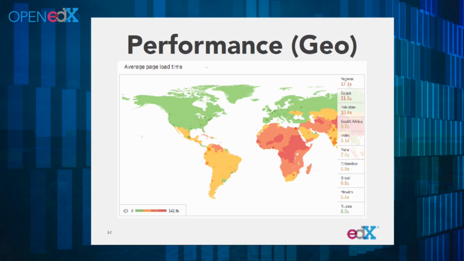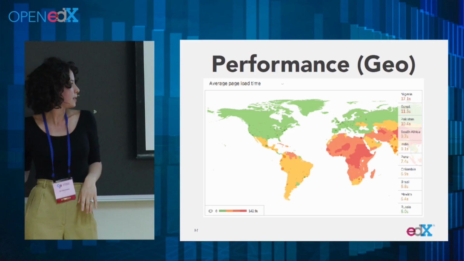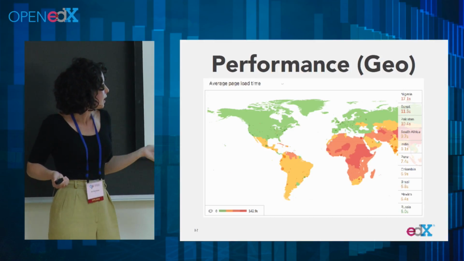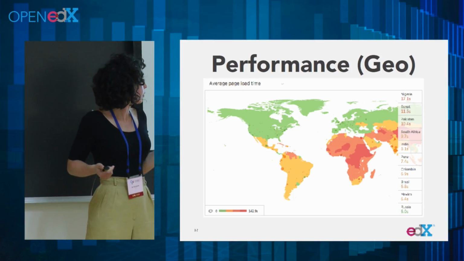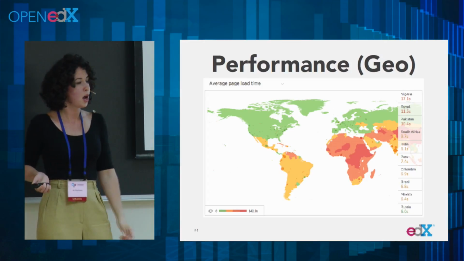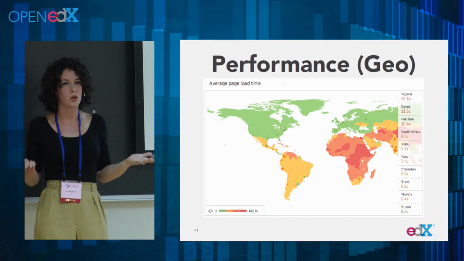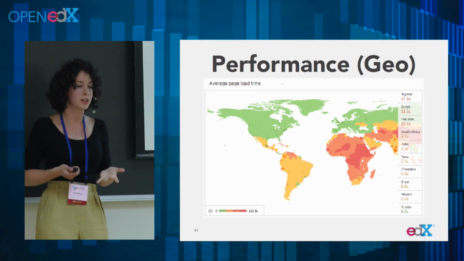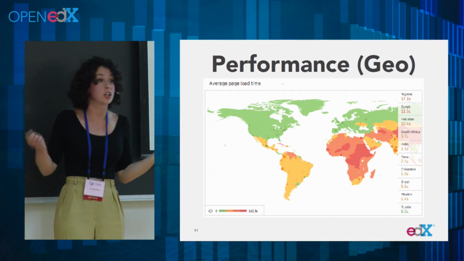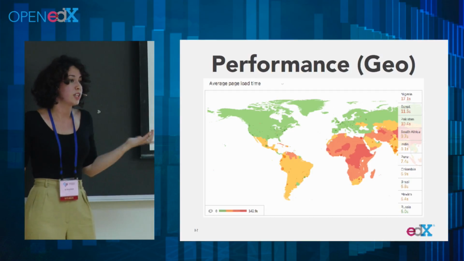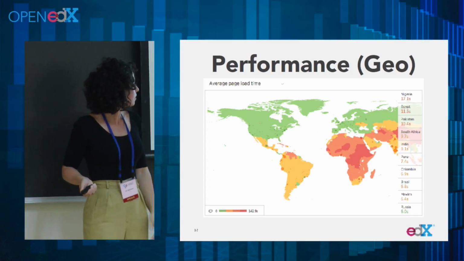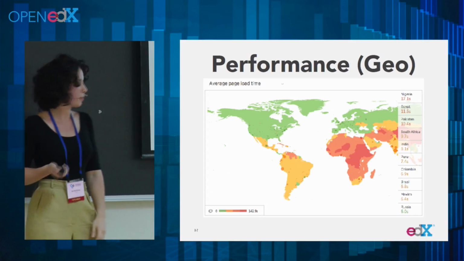We get decent page load speeds for all of these pages, but if you look at some of the slower areas, most of Africa, a good amount of South America, those are areas that don't necessarily have access to the fast internet connections that we're used to, and we kind of take for granted, and that we develop for, because that's what we use. So this is kind of a problematic map, I would say.